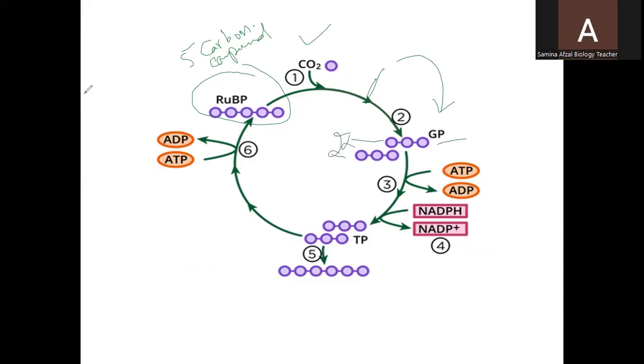Then ATP energy is required in this process, so ATP will break down into ADP by releasing one phosphate molecule, and the reduced NADP will release hydrogen.